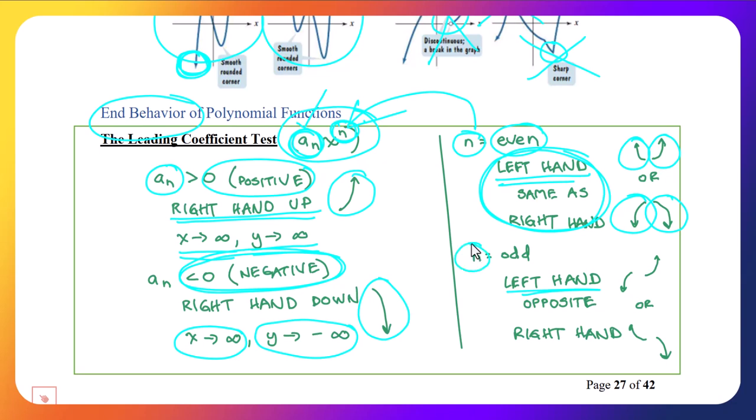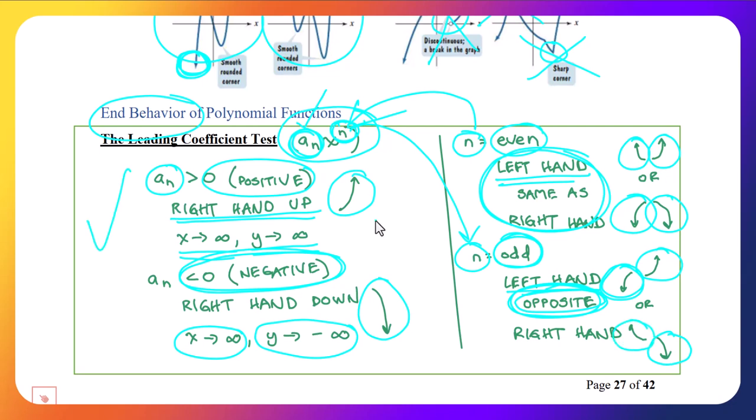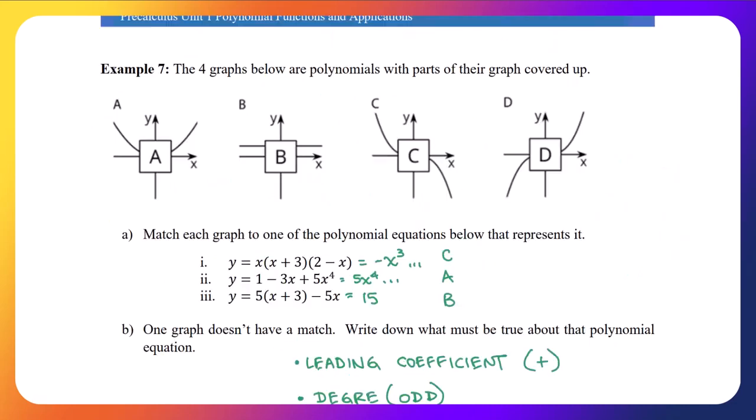If the highest degree is odd, then the left hand is opposite the right hand. So if the right hand is up, the left hand is down. If the right hand is down, the left hand is up. You have to do the right hand first.